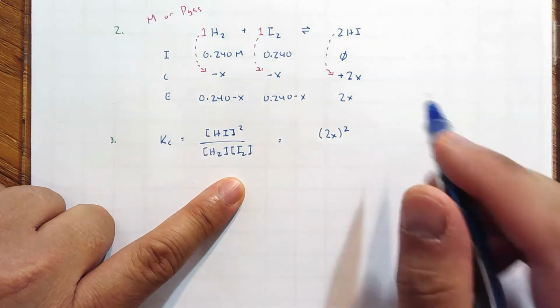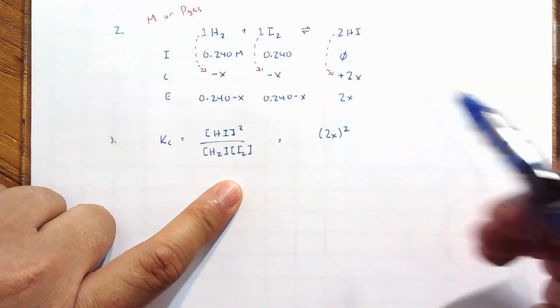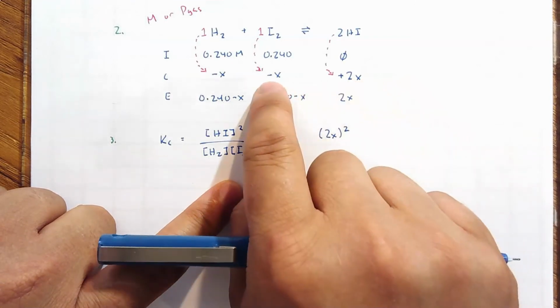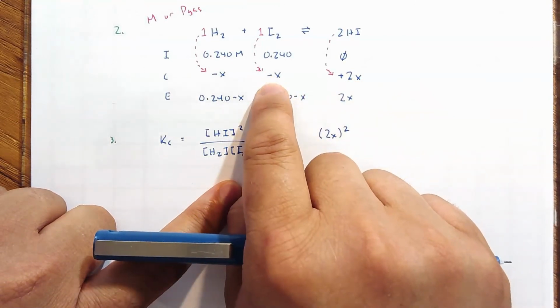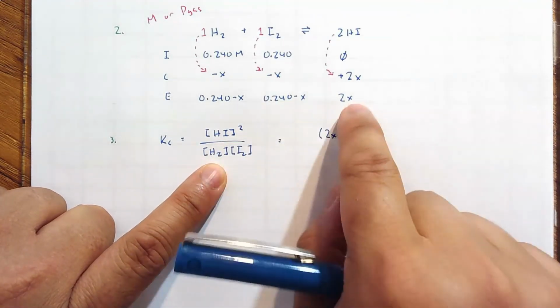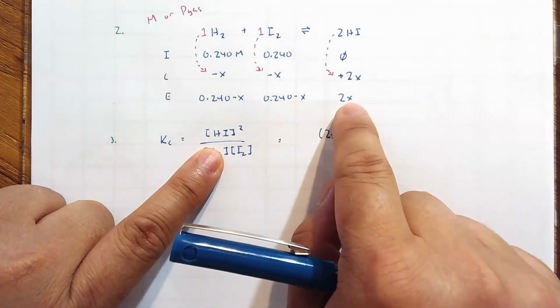So the coefficient here tells us that we have twice as much product being gained as reactant being lost, but in the expression it also tells us we have to square that concentration.